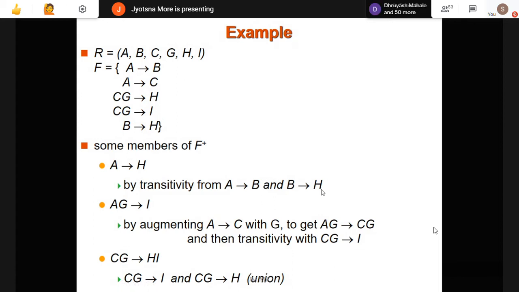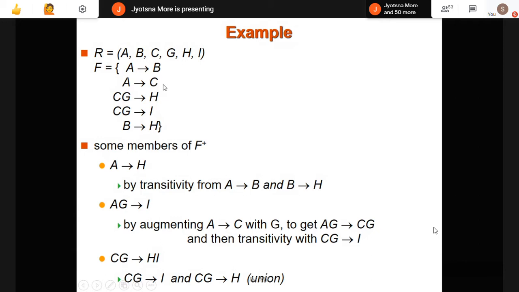Second one, we are getting AG determines I. How are we getting AG determines I? See here, I have A determines C. So what I am doing here is augmenting this functional dependency with G. So what will I get?